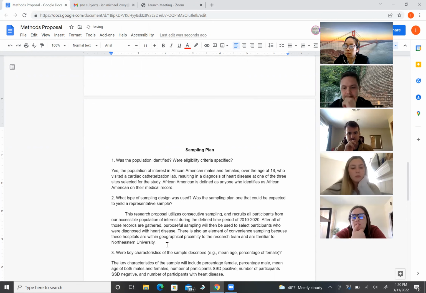Yeah, and most studies that we found in our research pointed to sickle cell trait not having a correlation with sickle cell disease. So explicitly stating that, I think that's important. Definitely missed that.